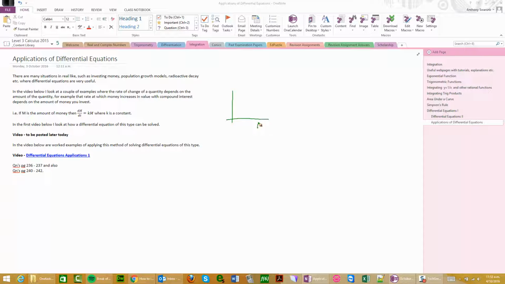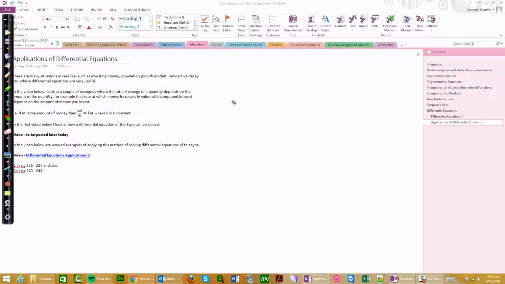Well, if this is the amount of money here, and sorry, not the amount of money, that should be time, of course. So let's get that redrawn.